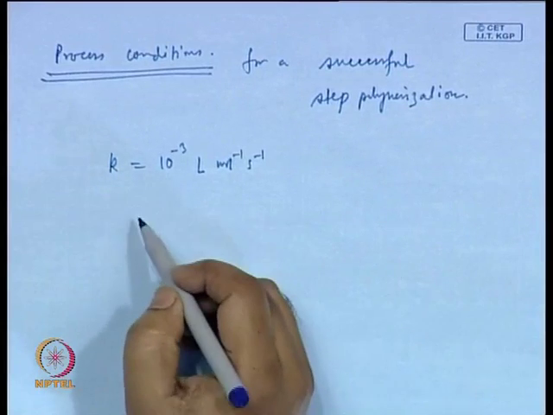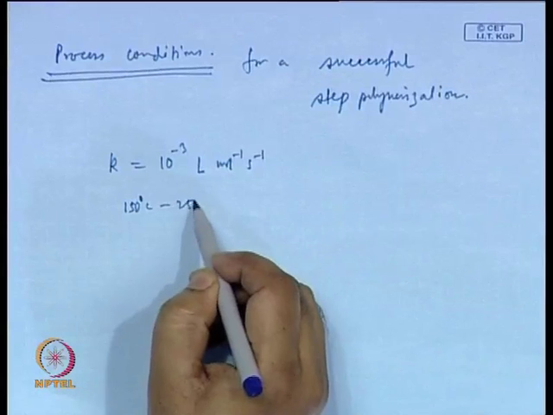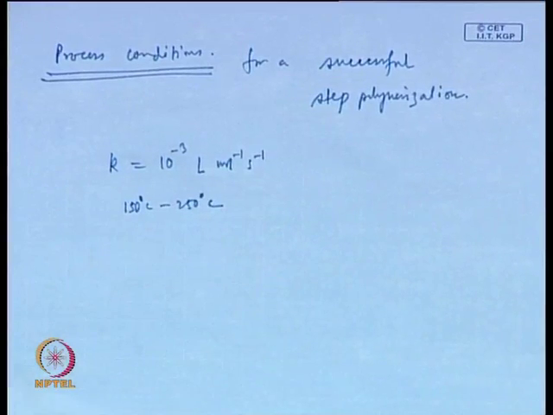High temperature is required, typically 150 to 250 degrees centigrade, at which the polymerization is carried out, to make the reaction faster.